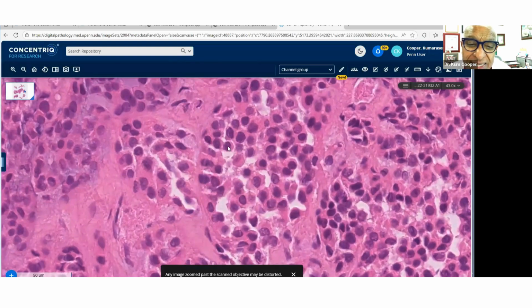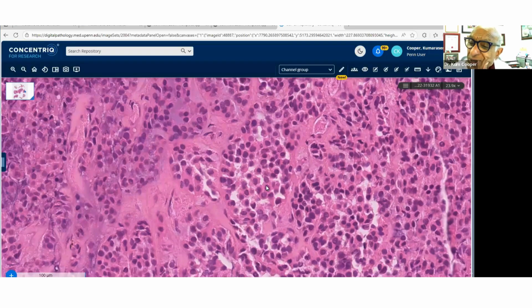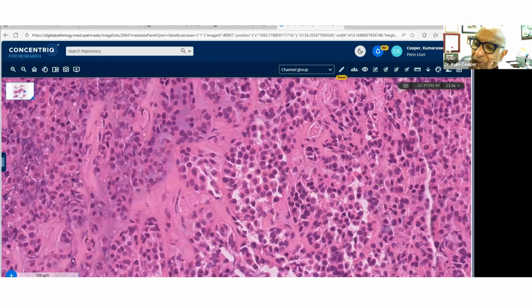Some of them looking a little eccentric, and you could argue some of them looking a little plasmacytoid. So that's a good thought. I like plasma cell neoplasm. I'll tell you right off the bat, I cannot remember whether the CD138 and the actin and the light chains were done. I cannot remember, but we can come back to that.